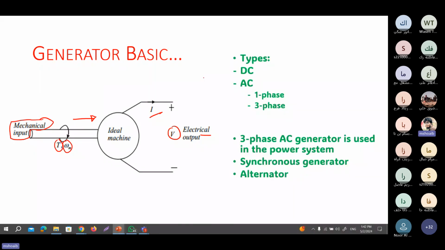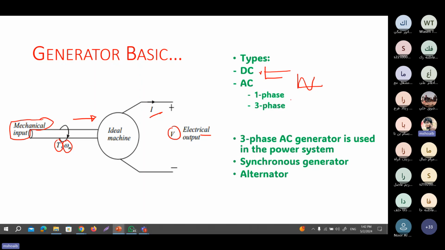But before that, there are different types of generators, of course, based on the output pattern we get. It can be DC, which means the voltage level is always the same. It may be AC, which means the voltage fluctuates. Okay, it may be single phase or three phase.